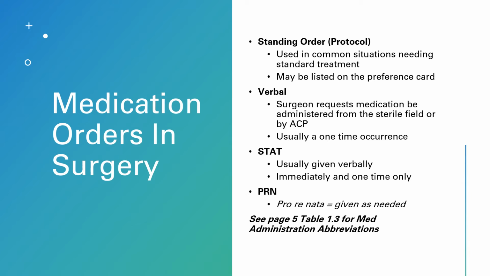Like I said, these are the abbreviations that we're not going to see on the preference card, because it's going to say the route of administration, and obviously in surgery our route's usually going to be IV. But the hospital orders will also include frequency, which is another abbreviation table, also on page 7.